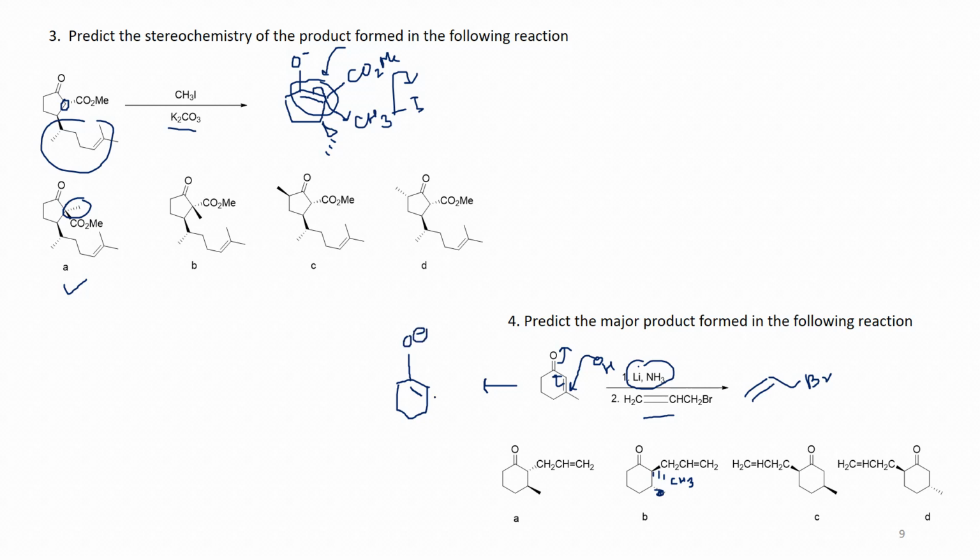This looks like an enolate. Now when the electrophile is added, the enolate goes here and attacks that electrophile, which is this allyl bromide, and we get our desired product.